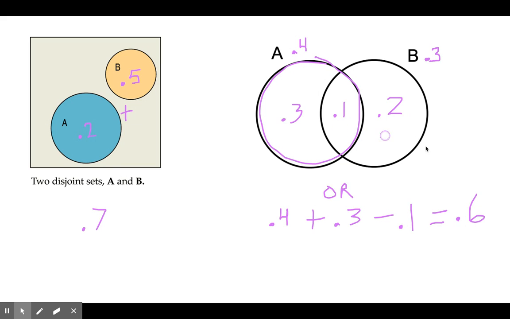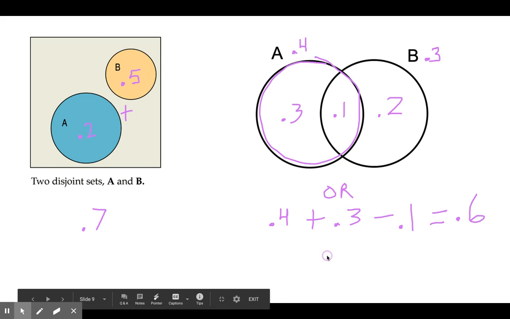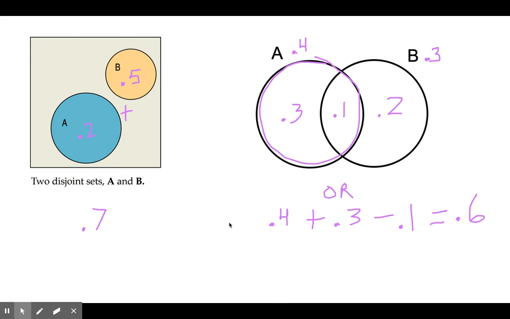And then there's a 10% chance I'm doing both, right? So altogether, that's just 60%, not 70, because the 10% was shared in both circles. So keep that in mind. That's the general addition rule, which is more formally introduced later, but I always like to talk about it right now because you can't just think the addition works in all cases. It only works for mutually exclusive events. The general rule where you have to subtract the intersection works in all cases.